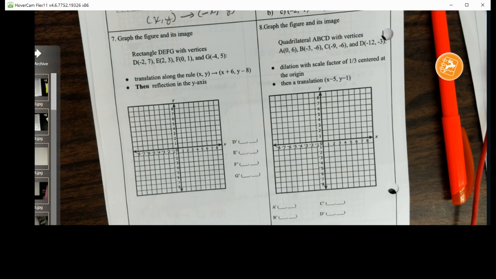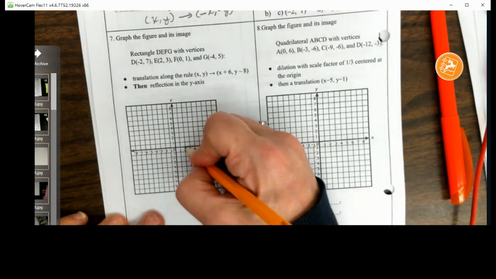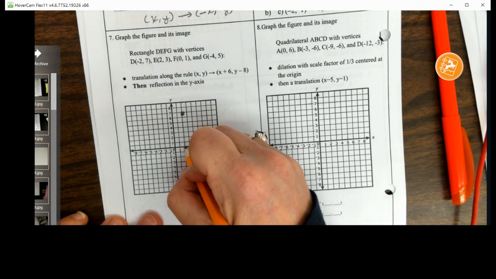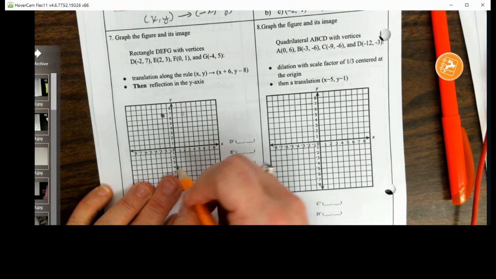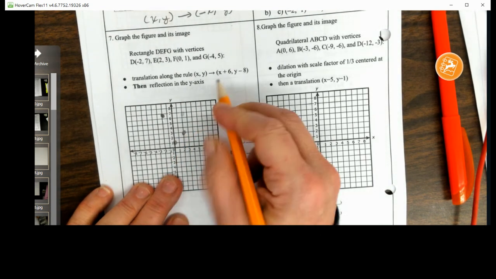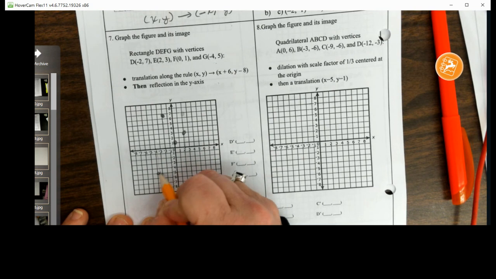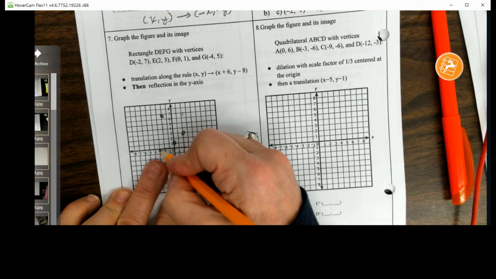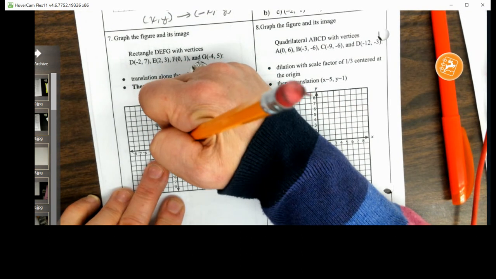The first thing we're going to do is plot the points D, E, F, and G: (-2, 7), (2, 3), (0, 1), and (-4, 5). (-4, 5) is up here. And so we end up with, I think, a rectangle.